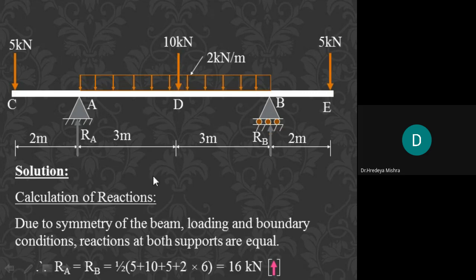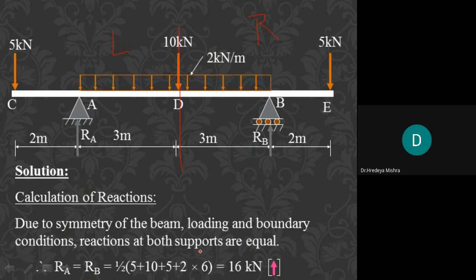Left and right have the same length and same loading. So due to the symmetry of the beam, loading and boundary conditions, the reactions at both supports are equal. RA equals RB.